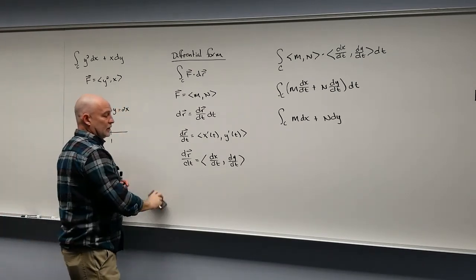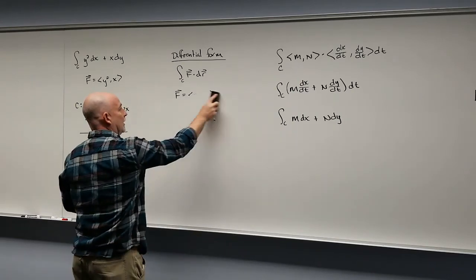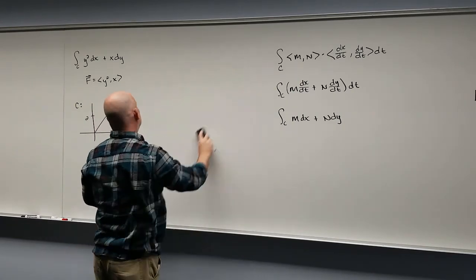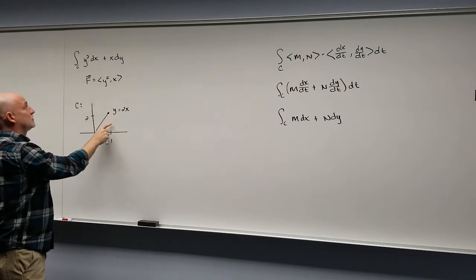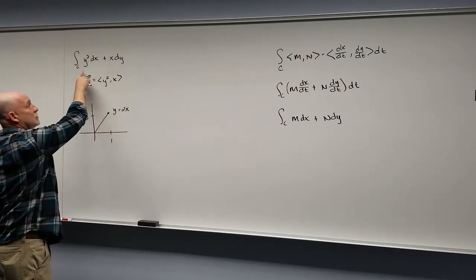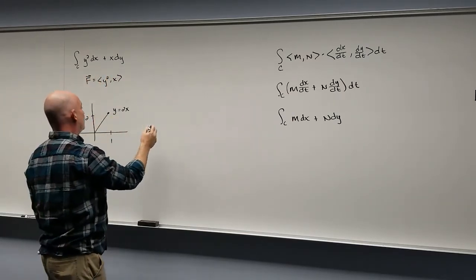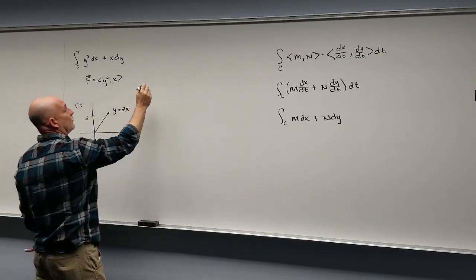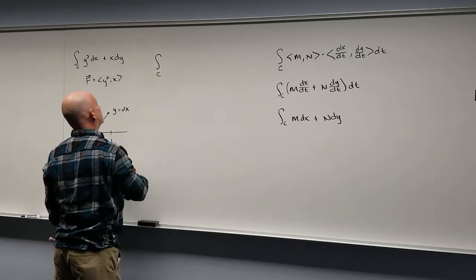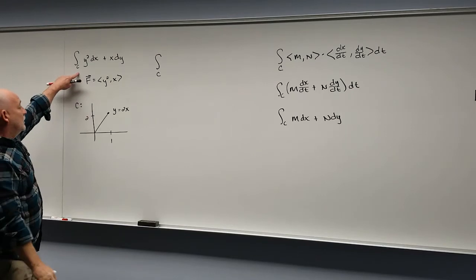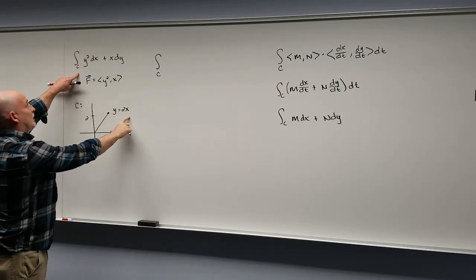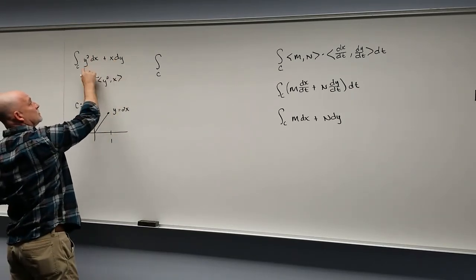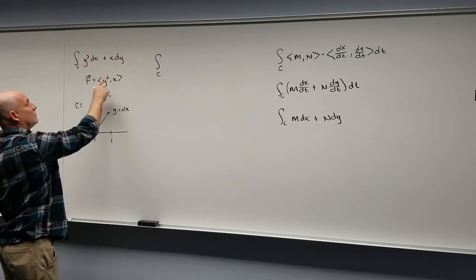Now, the nice thing about the differential form, especially when you already have your curve defined as functions of x's or functions of y's, is we can just use this form directly. So let's plug in what we know. Here, since I know y is a function of x, I need to get all of this in terms of x's or all of this in terms of y's.